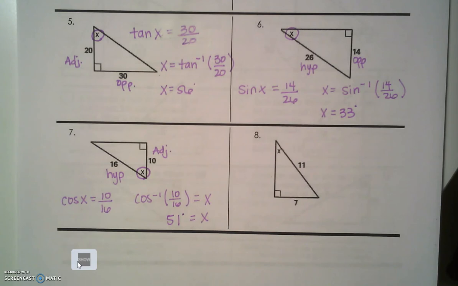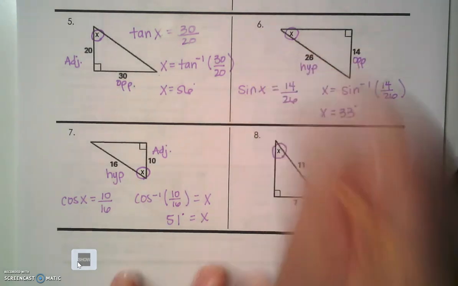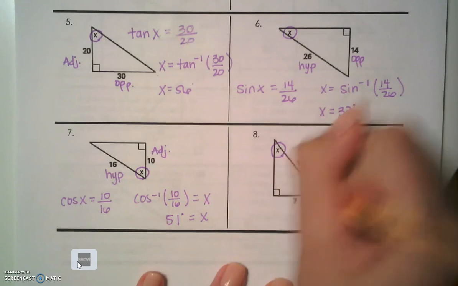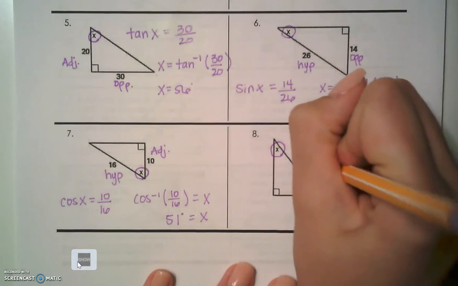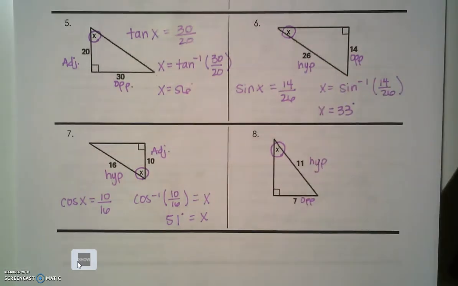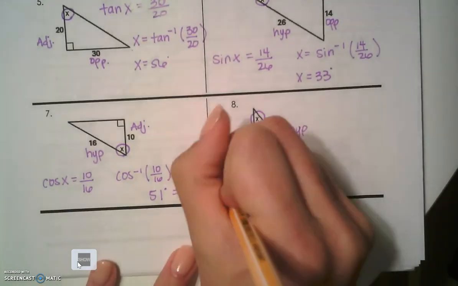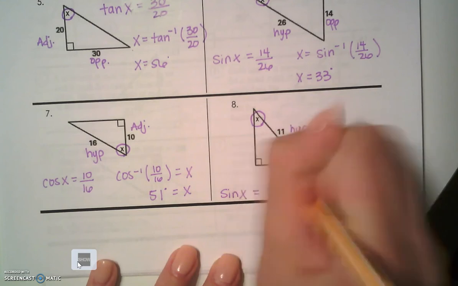Last example here, number 8. Starting with this acute angle measure, we'll go opposite, and this is the hypotenuse. So the hypotenuse has a y. Okay. That's sine. That's the trig ratio of sine. So we're dealing with sine of x is equal to the opposite over the hypotenuse.